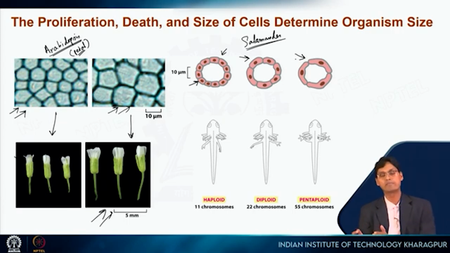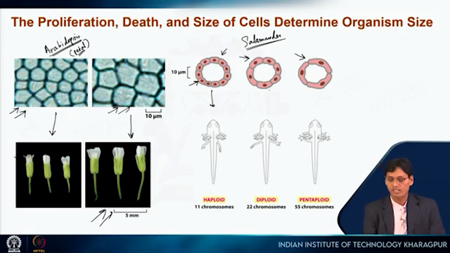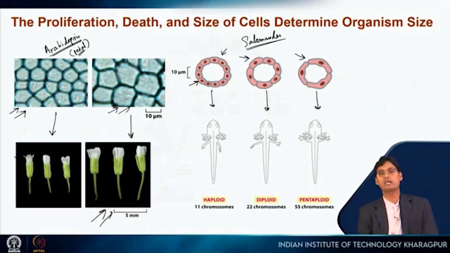But why is this happening? Because if you see the gross anatomy, the whole body of this salamander during the early stages, you will see their overall size and volume are the same. And their renal tube is also the same in terms of size and volume. But the number of cells gets lower when the ploidy number is more.